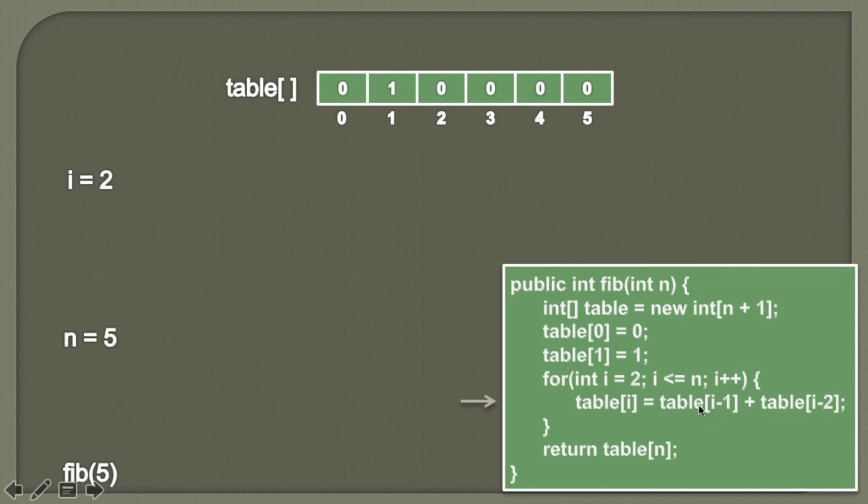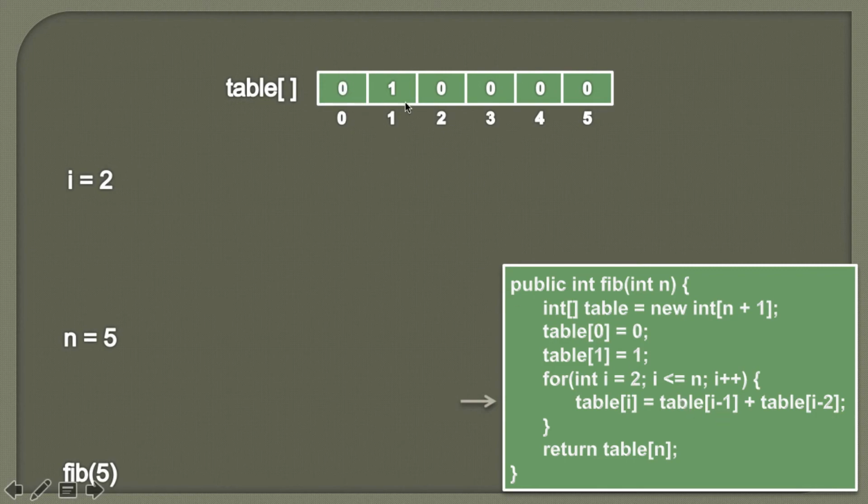So this is nothing but we are doing the sum of its two preceding numbers, because in this table we are actually storing the Fibonacci series. And when we want to calculate the second Fibonacci number, we simply do the addition of its two preceding numbers, which is 0 and 1. So here you can see the value stored at table I minus 1, which is 2 minus 1 index, has value 1, and the value stored at table I minus 2, which is 2 minus 2, has the value 0.